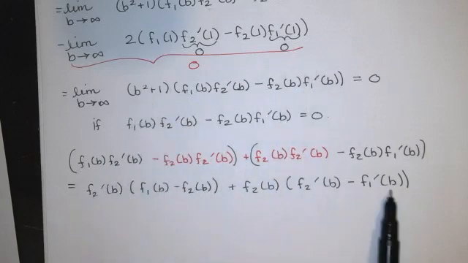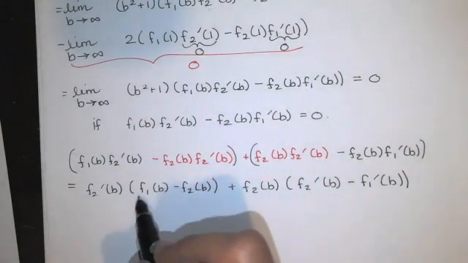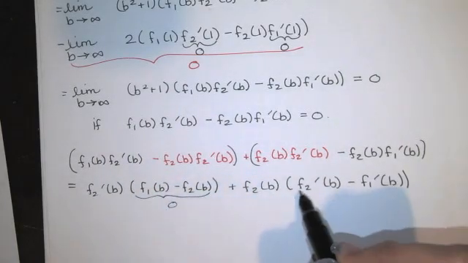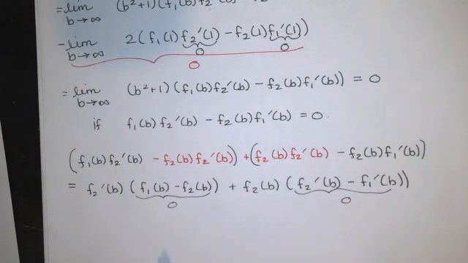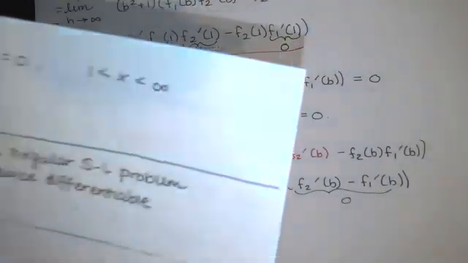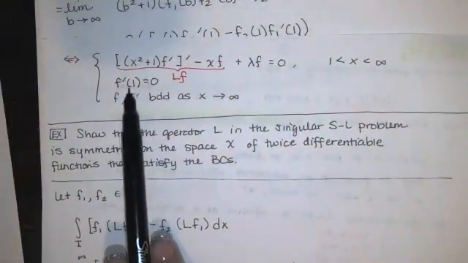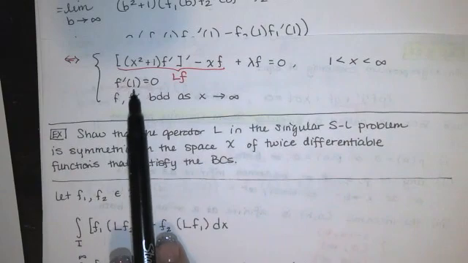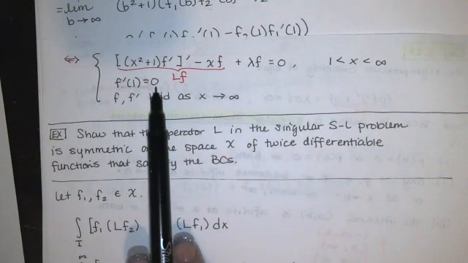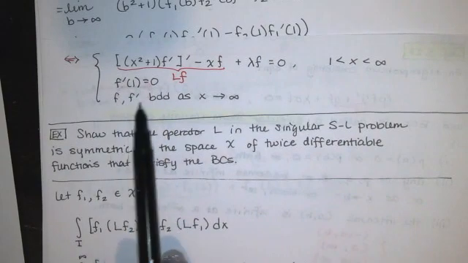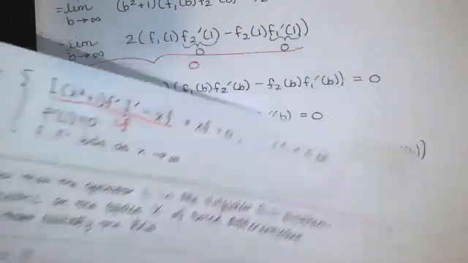And this is going to be 0, and this is going to be 0, provided that those functions, f1 and f2, that are in the space of functions that we're interested in, the space of functions that satisfy f prime of 1 is equal to 0, and f and f prime are both bounded as x goes to infinity.